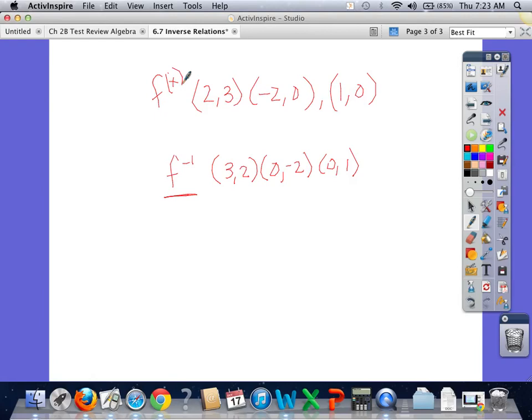Then they will ask you questions such as, is the inverse a function? How do we know if something's a function? If the domain does not repeat, then it's a function. So let's look at our domain. Our domains are our x values.